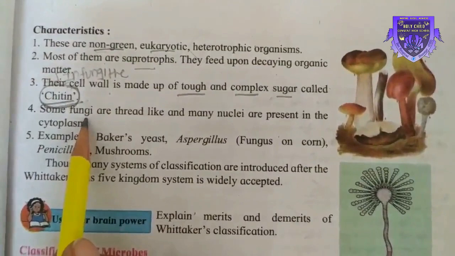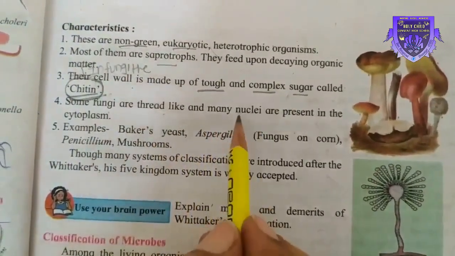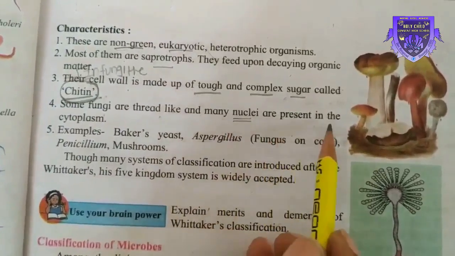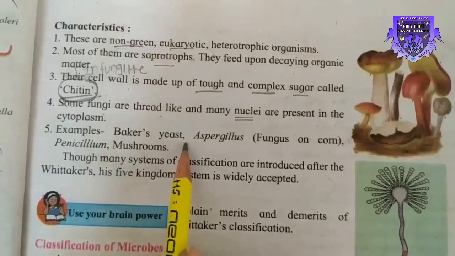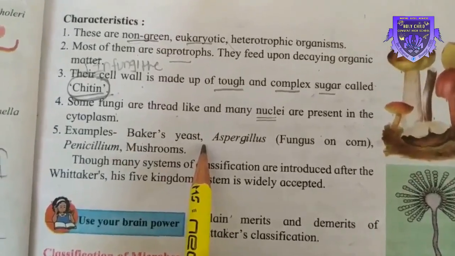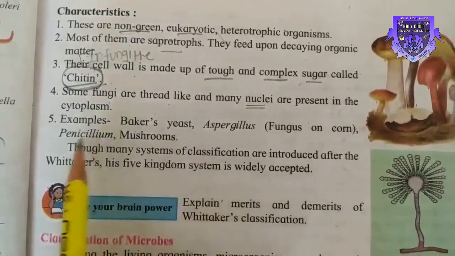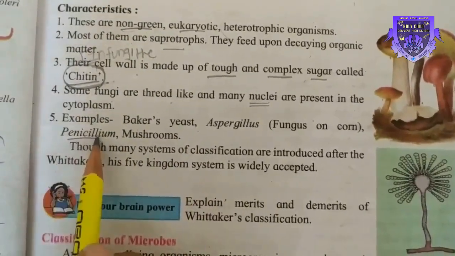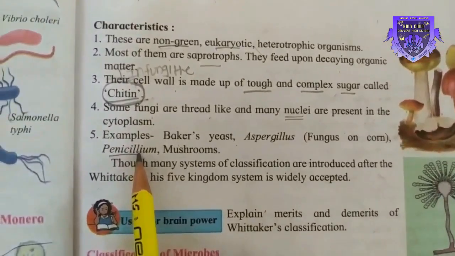And some fungi are thread-like structures and have many nuclei in them. Baker's yeast is an example which is very common and used in every household, and penicillin is an example of fungus which is used in medicine.